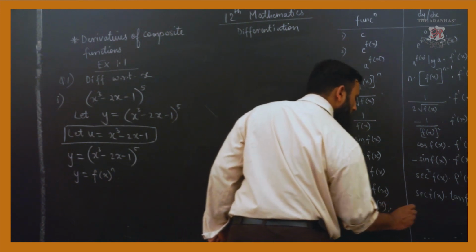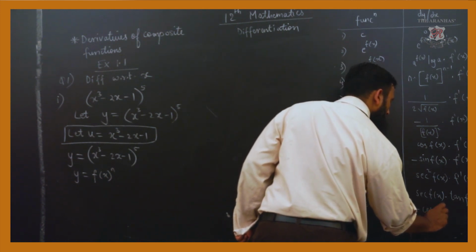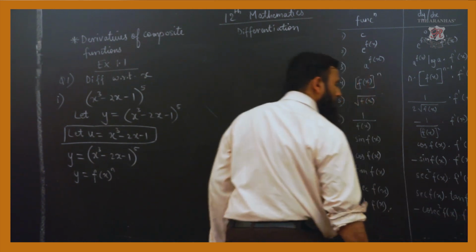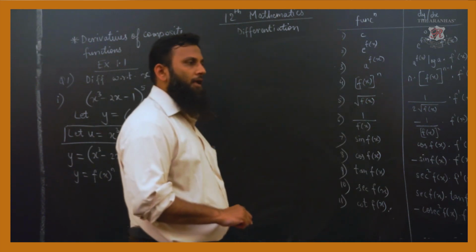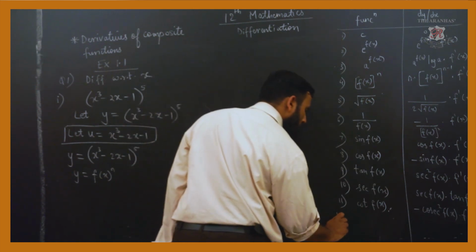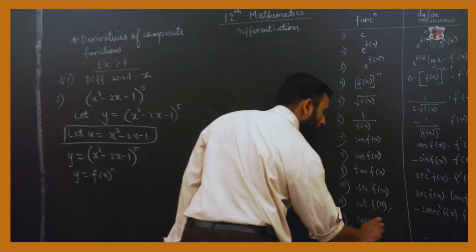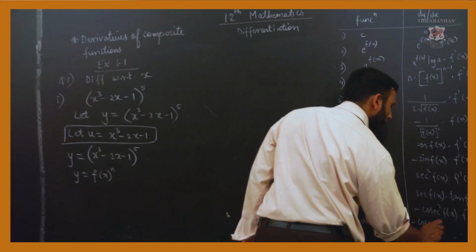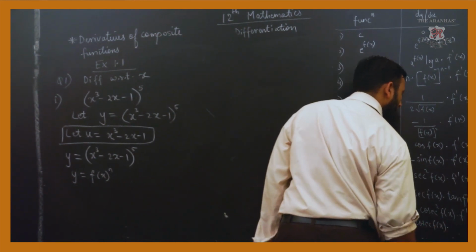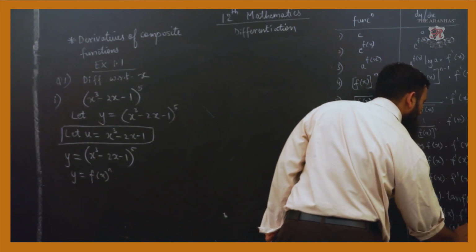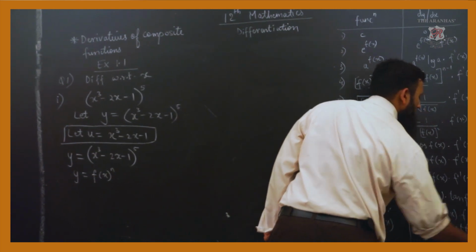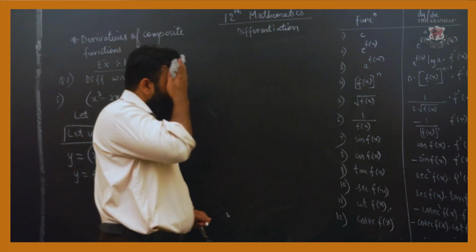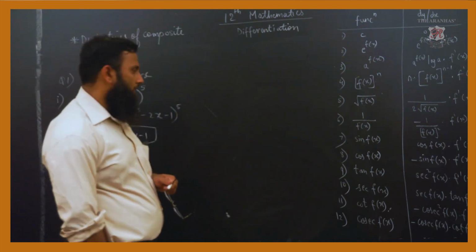Cot f(x) gives minus cosec square f(x) into f dash of x. Cosec f(x) gives minus cosec f(x) into cot f(x) into f dash of x, and so on. Wherever such points are there, we will take the help of this list.